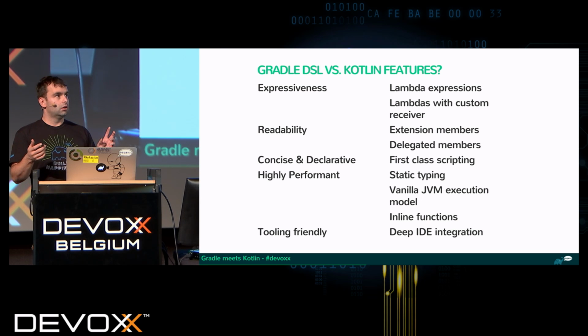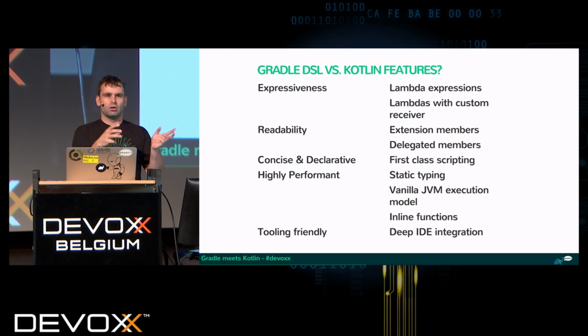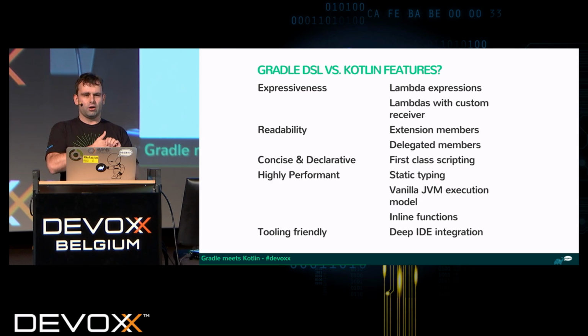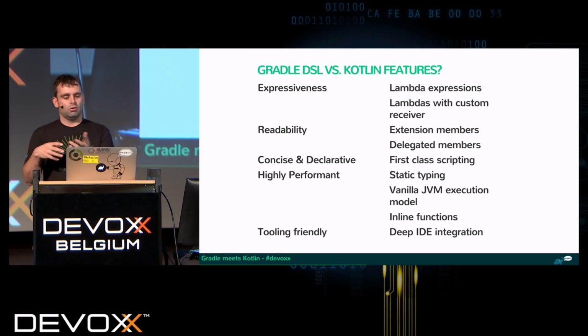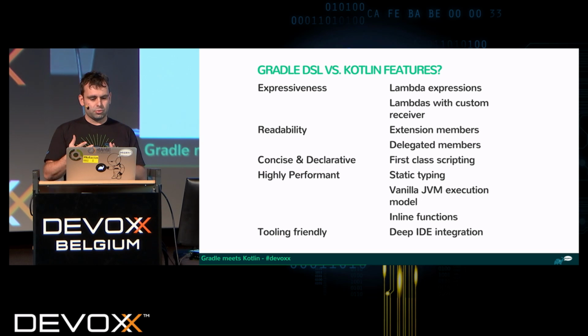So if you compare what we would like to have, or what we rely on for the Gradle DSL, to which Kotlin features are there: for example, a Gradle build script should be expressive. Therefore there are lambda expressions, which make reading Kotlin code really nice.